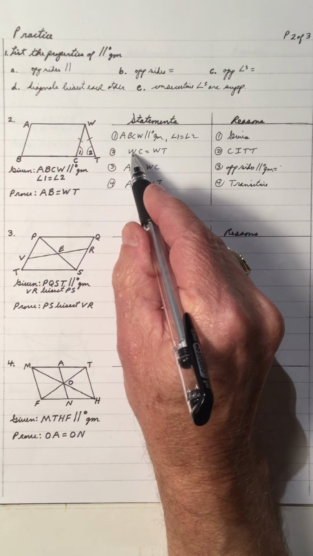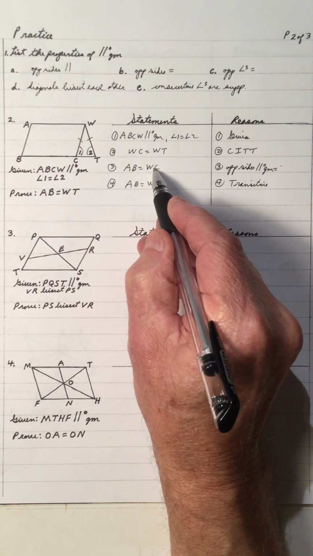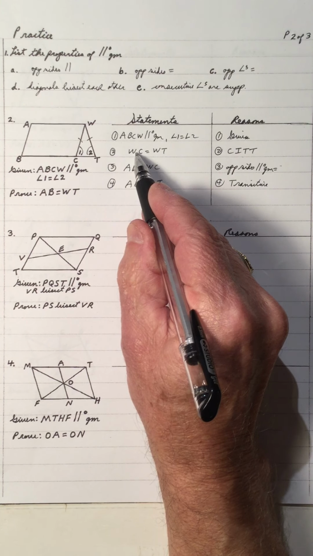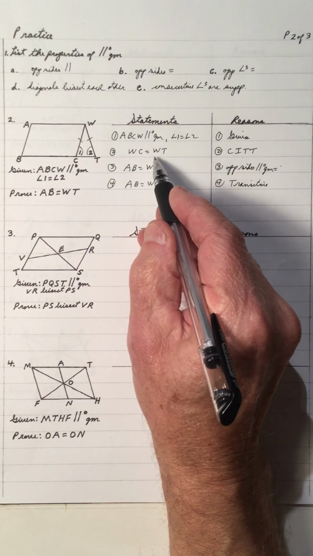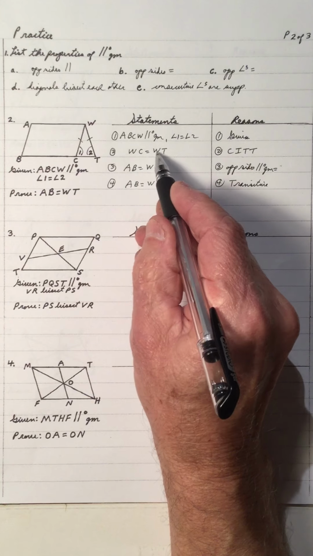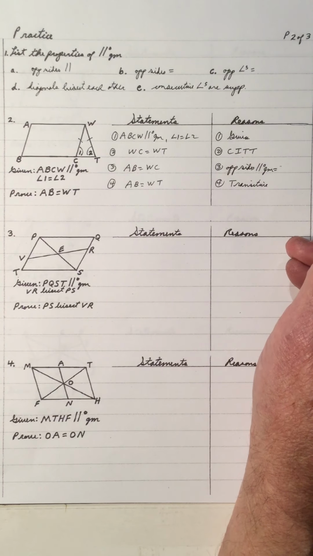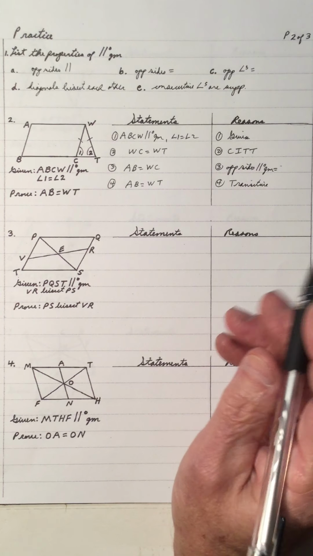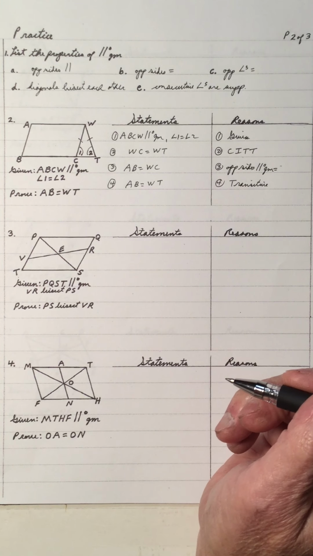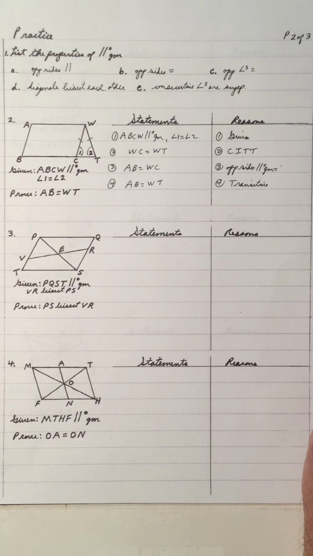In other words, WC is here, WC is here, since WC is equal to WT and AB is equal to WT, that means that AB is equal to WT, transitive. So there's one of them done. Let's do another one. Don't forget to pause the video and work them out. The more practice, the better.